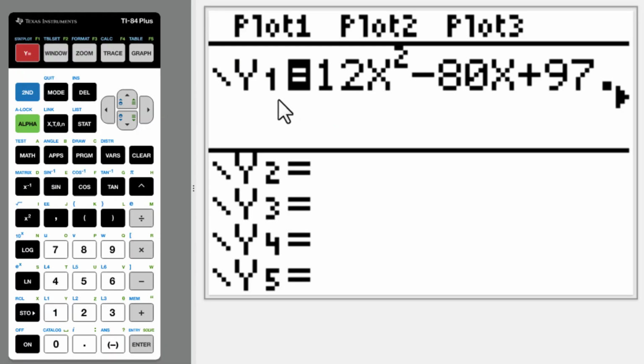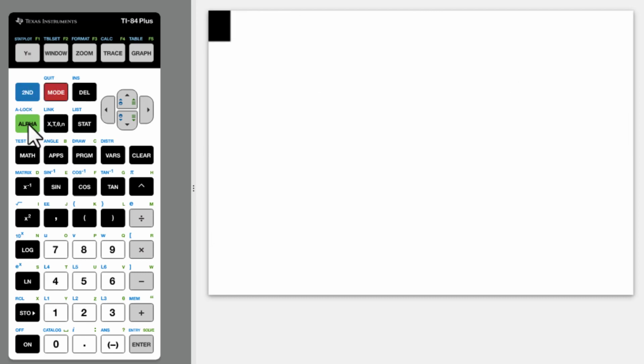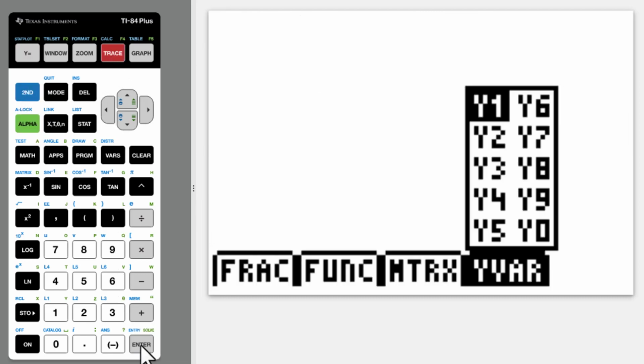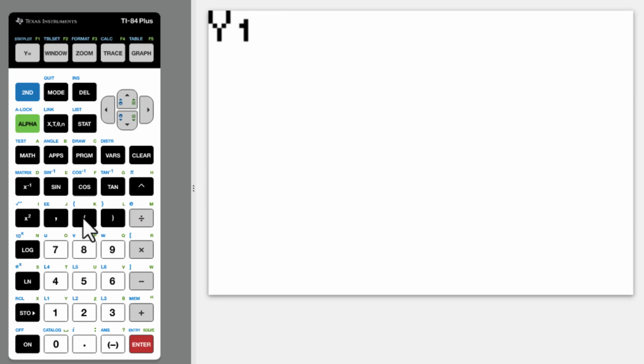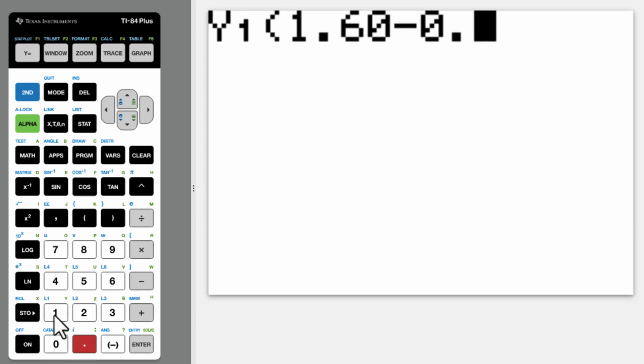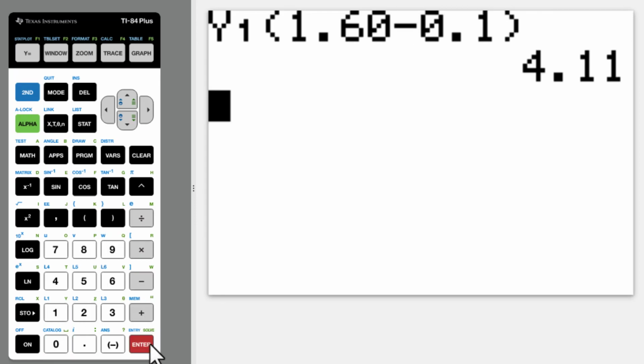We know y1 is the V prime of x. Alpha trace y1, 1.60 minus 0.1. Enter. Positive.